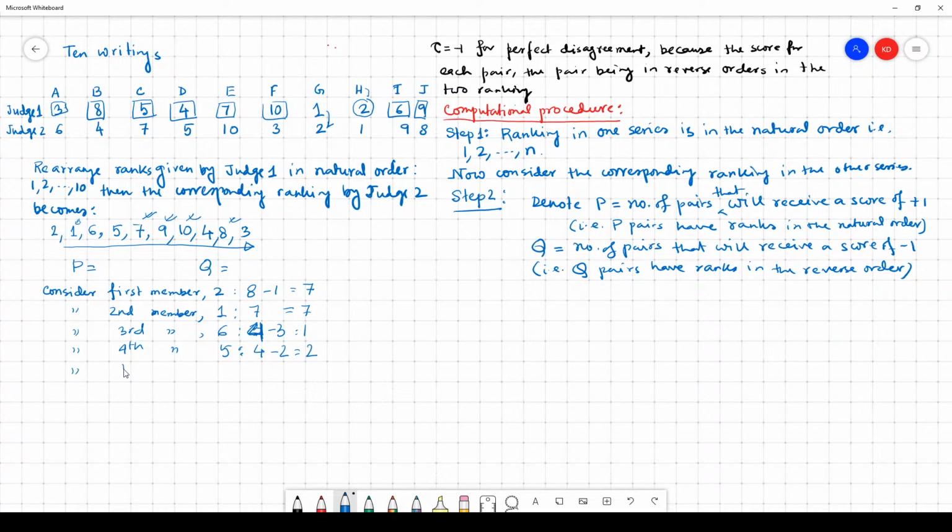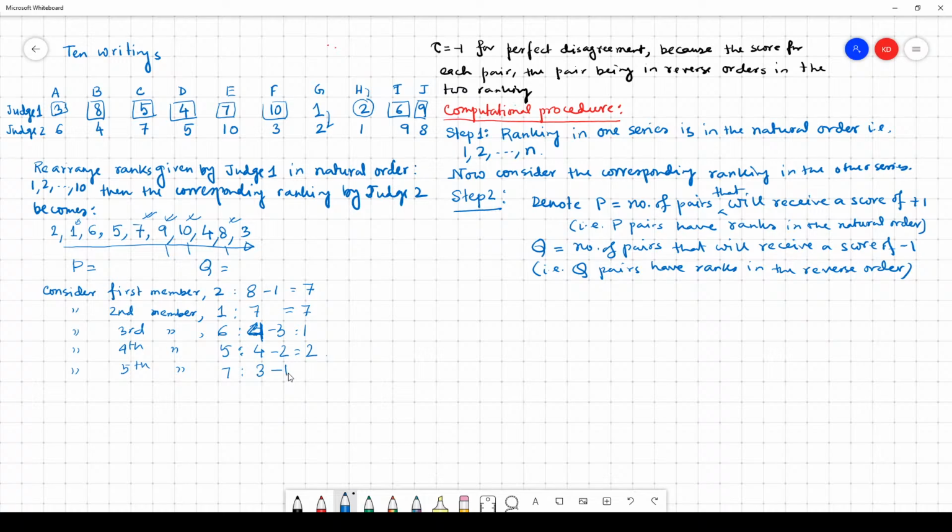Now consider the 5th member, which is 7. There are 5 members on the left hand side of the 7, and among these 5 members only 3 are greater than 7, so 3, and 2 are less than 7.